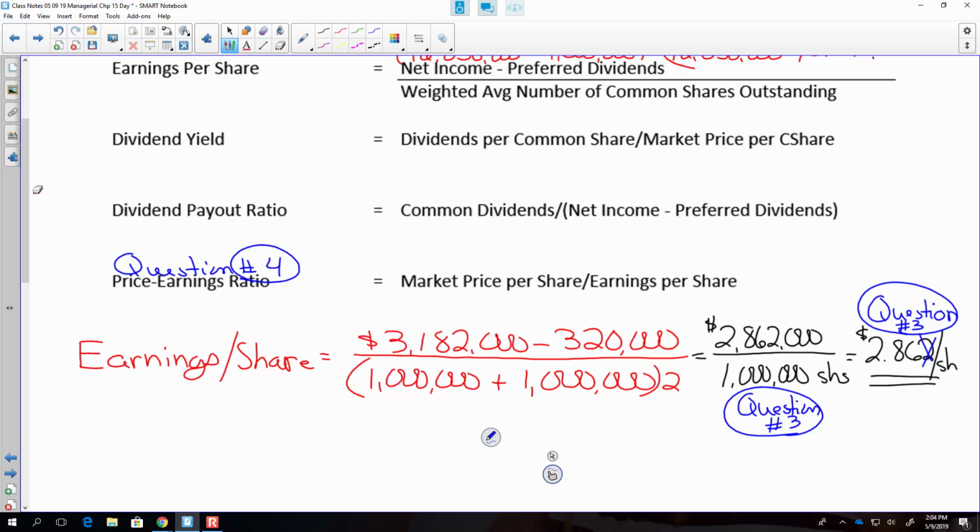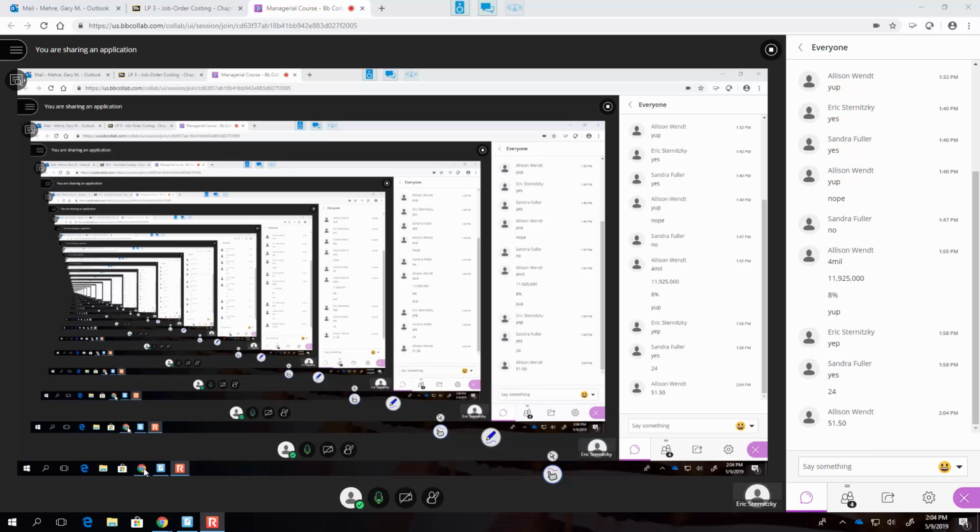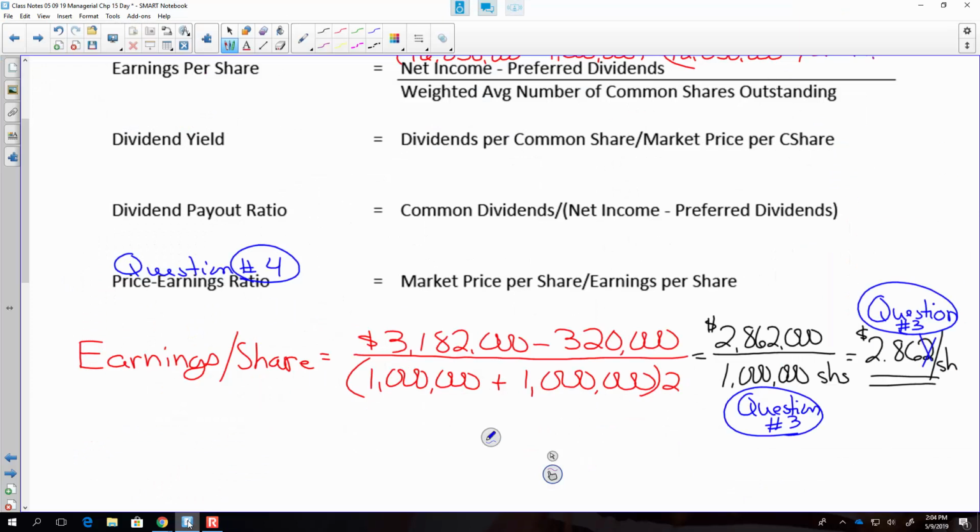Market price is what, guys? In 54. $51.50. Everybody see where the 51.50 is? Yep. Good job, Allison. Excellent. 51.50 is given to us. It has to be because it's market. So 51.50, and I'm going to divide by $2.86.